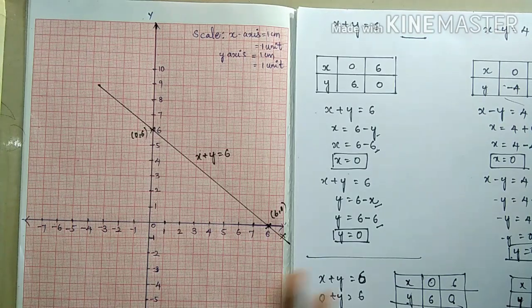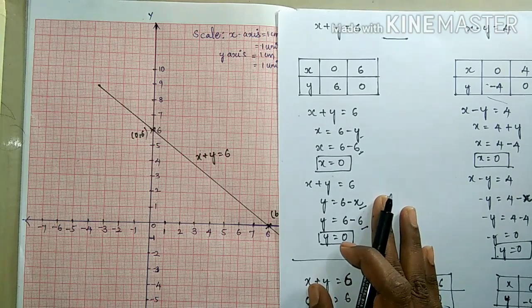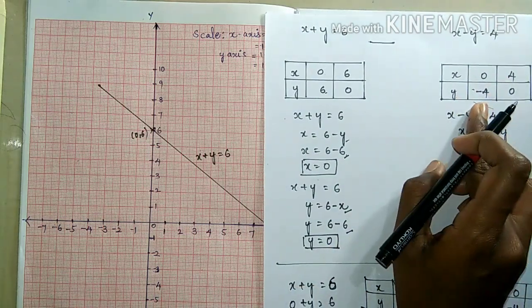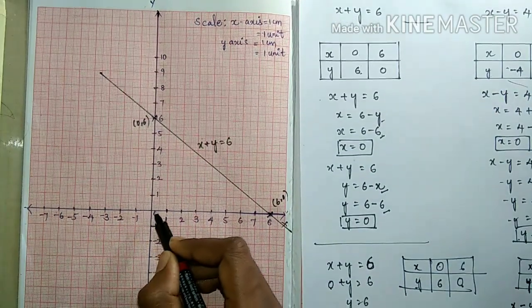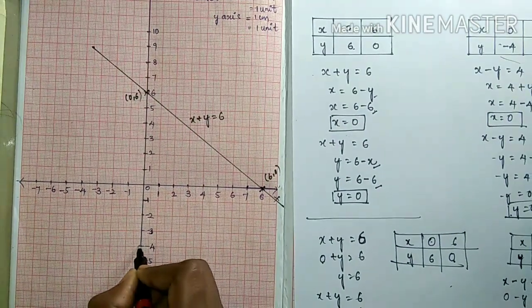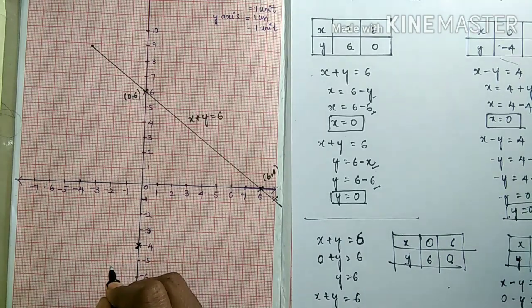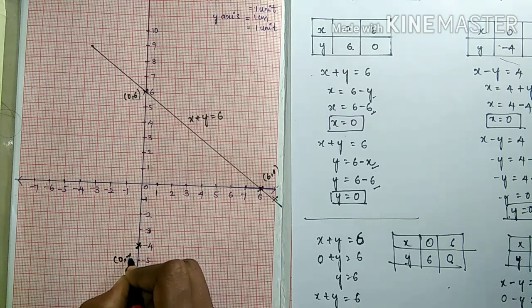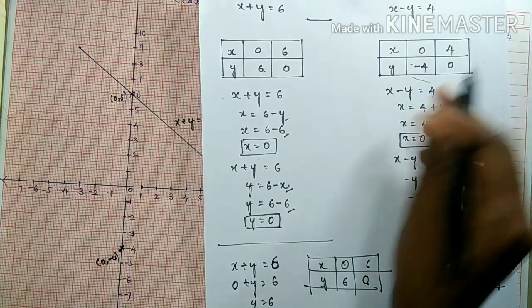In the same way, I will mark the other equation's points. That is 0, minus 4. The first point is 0, minus 4. Here 0, so minus 4 will come here. Then 0, minus 4, and 4, 0.